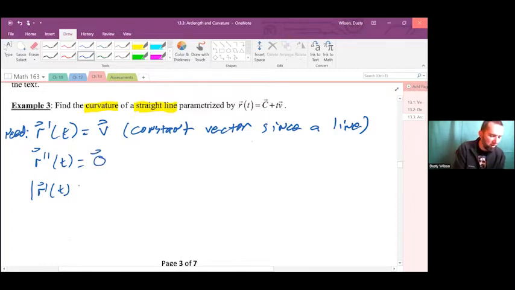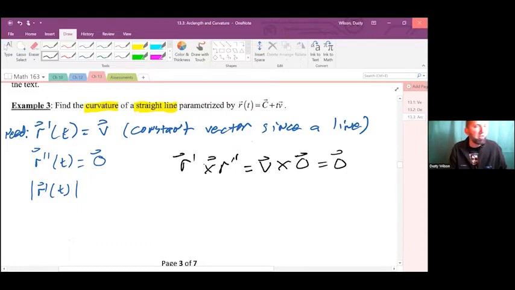At this stage, we can kind of stop, because we notice that r prime cross r double prime is going to be v cross 0, which had better be 0.